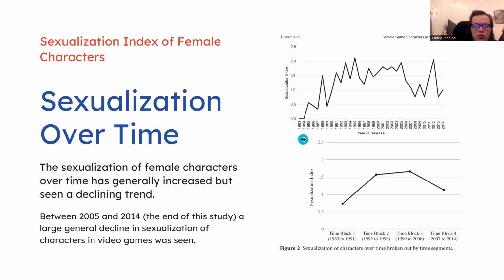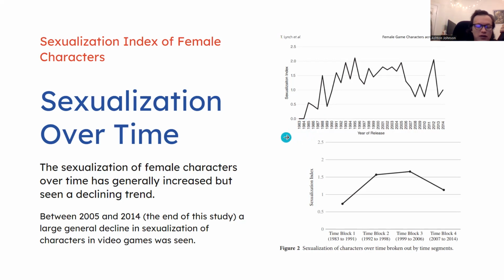Then from the remaining pool, they took 20 random members from each year to do the research on. And the research was playing the game for a certain amount of time, specifically at the time that a female character was being controlled by the user, and rating many aspects of the gameplay during that time period.